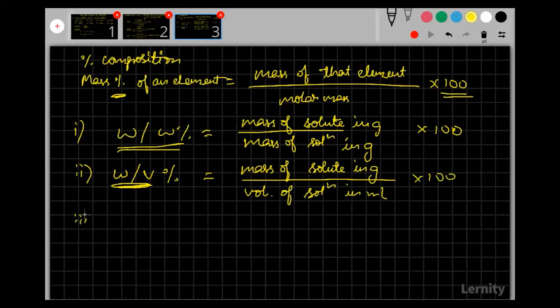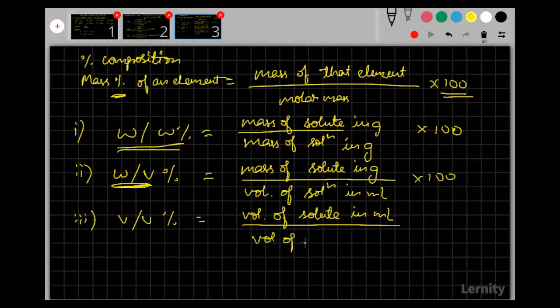And the third one is volume by volume percentage. If it is volume by volume percentage, I have to take the volume of solute in ml, and here we have to take the volume of solution in ml. So these are basically the three that we have to study under concentration terms.